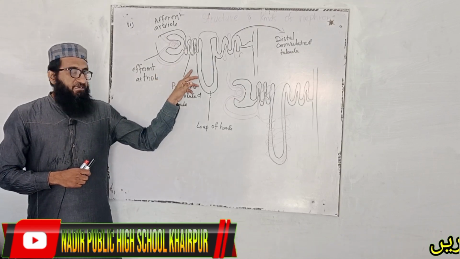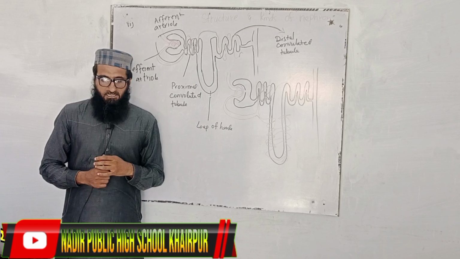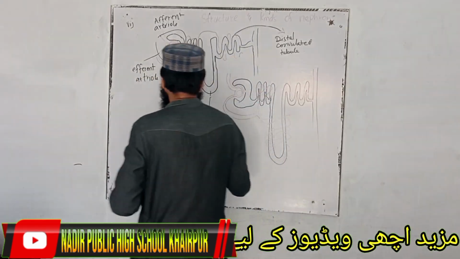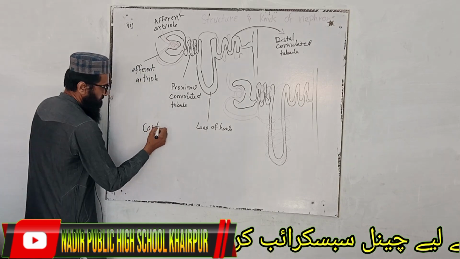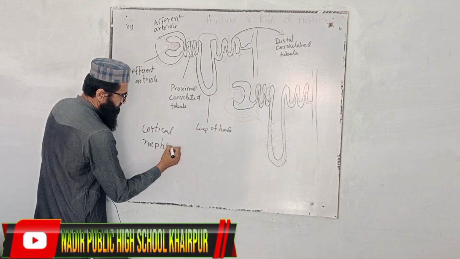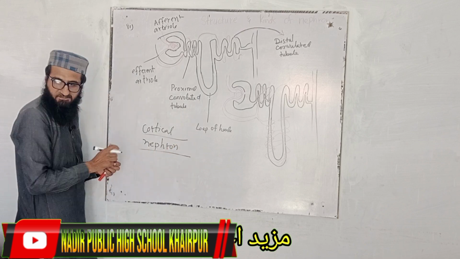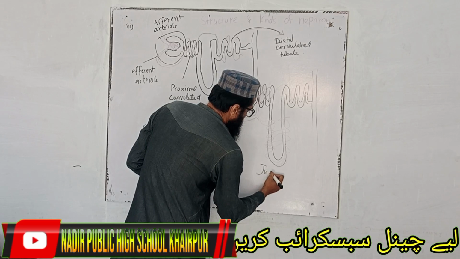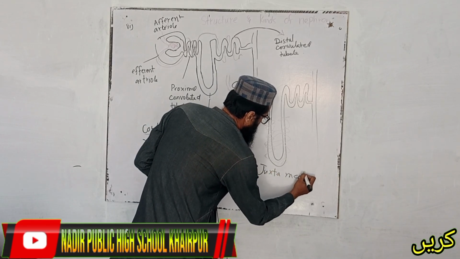And we divide nephrons into two types. One is called cortical nephron, and the other one is juxtamedullary nephron.